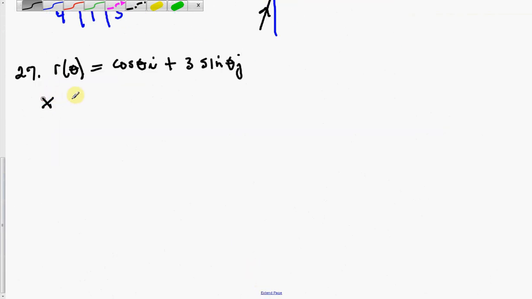So what we have here is that x is equal to cosine theta and y is equal to 3 sine theta.